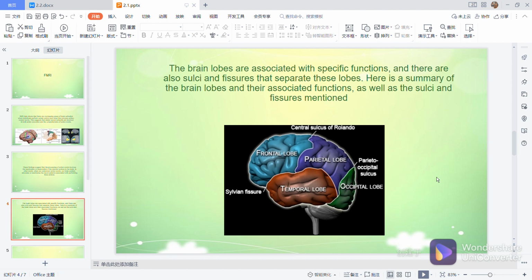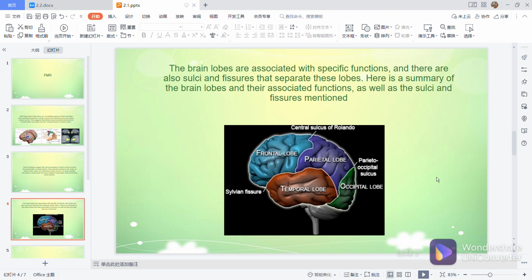Occipital lobe, located at the back of the brain. It contains the primary visual cortex and it is involved in processing visual information.